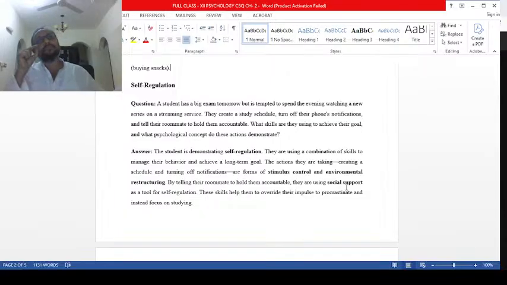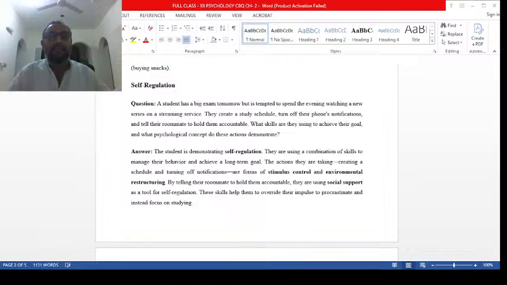So you see, self-control and self-regulation together are known as the behavioral aspects of self, whereas self-esteem and self-efficacy together are known as the cognitive aspects of self. Please try to understand: we have the cognitive aspects of self and the behavioral aspects of self.